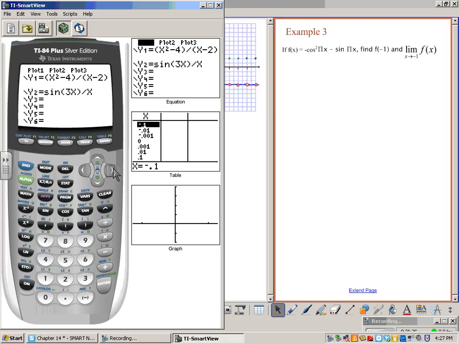All right. So on this one here, let's go ahead and put in our function. We're going to have to start out with some parentheses because we've got to square that cosine. Cosine of pi x. Now square it. Minus sine.